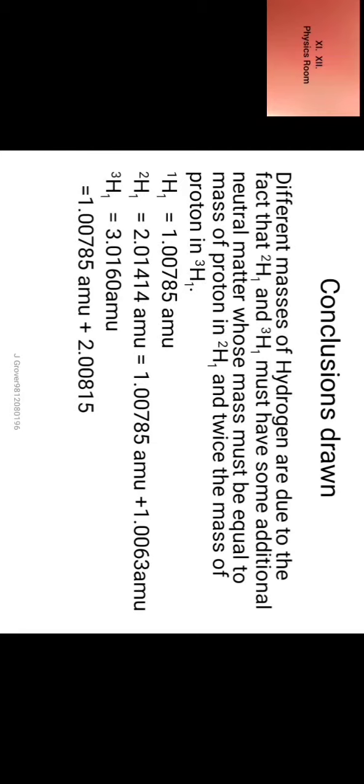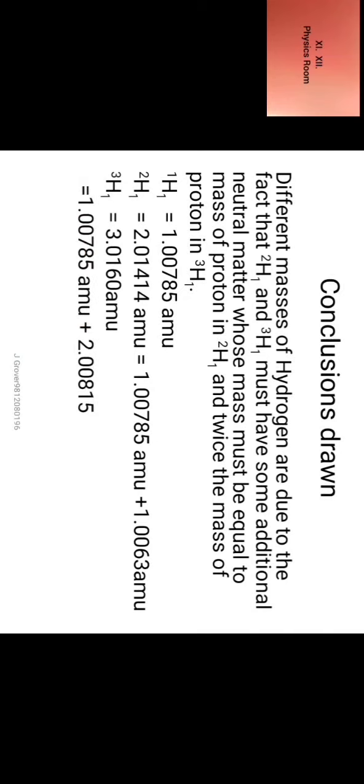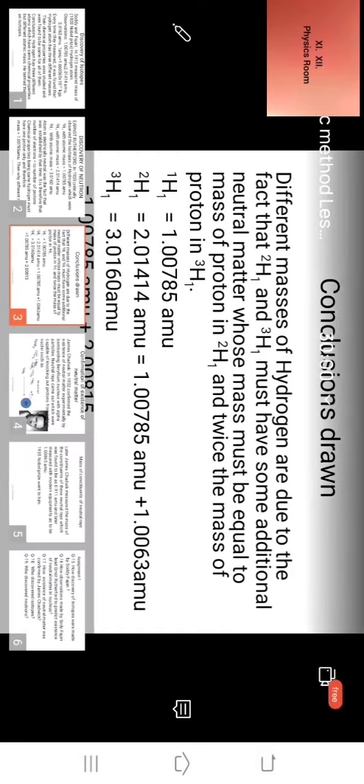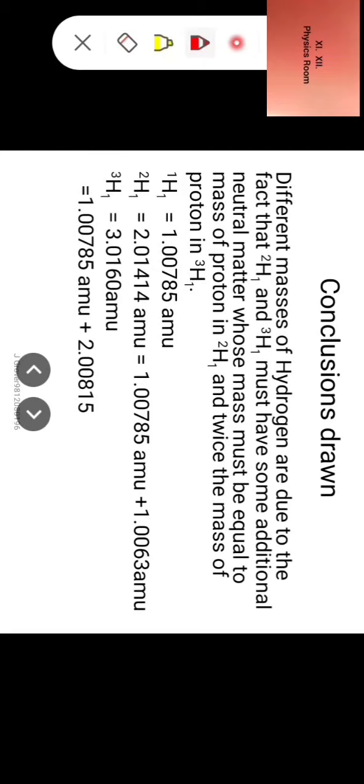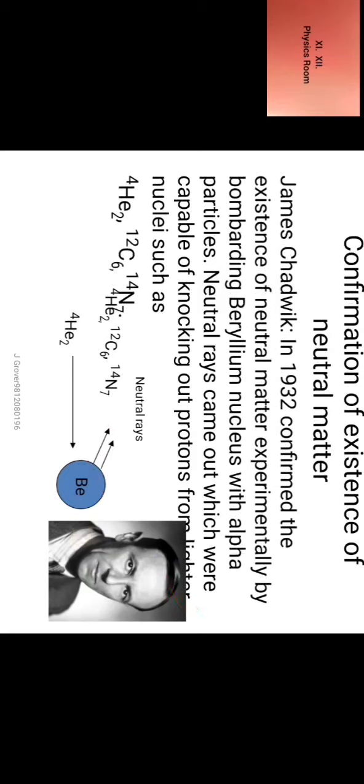This is how it should be separated, and then we can think of the neutral matter. Neutral matter in H21 is 1.0063 atomic mass unit, and in H31 is 2.00815 atomic mass units.